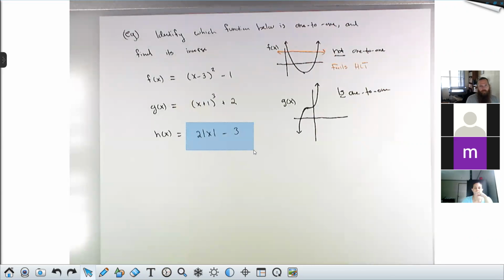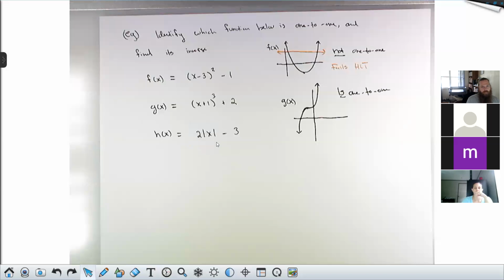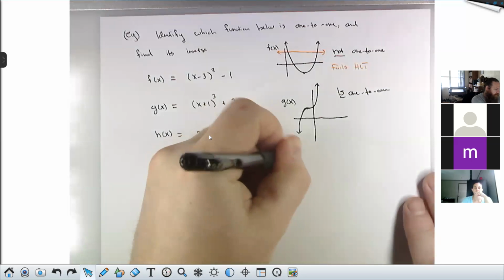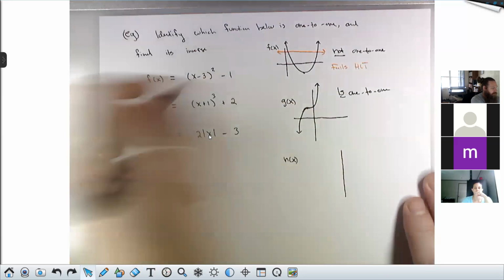Does anybody know what the graph of this is going to look like? There's not a super nice way to type the absolute value in here. I think maybe if you scroll around, you might find an abs function. Yeah, there it is. It does exist. Good, it's going to be a V-shaped graph because of the absolute value. Remember, we did study absolute value graphs at the beginning of the semester.